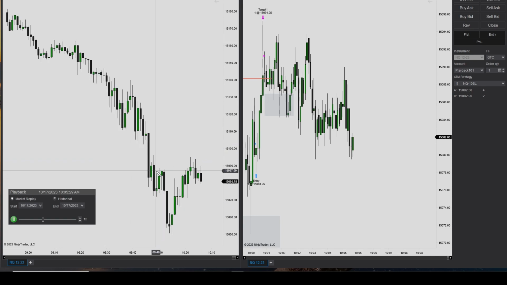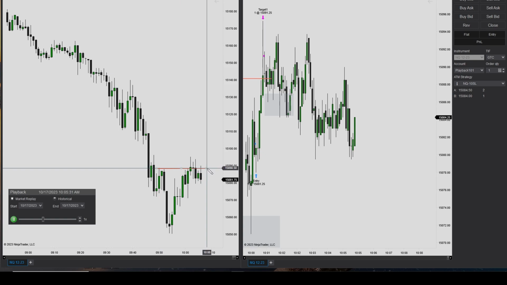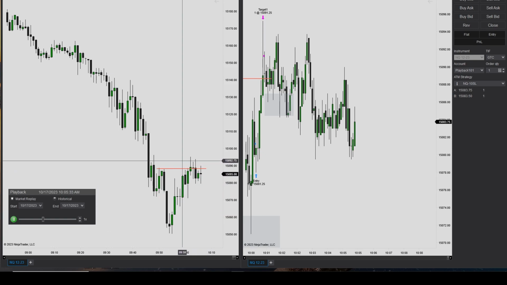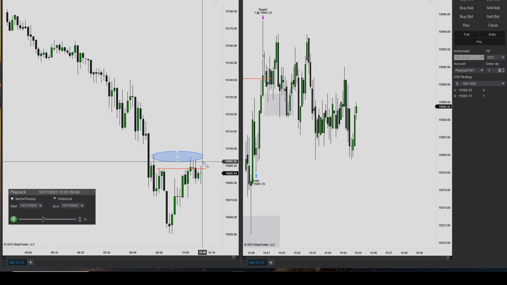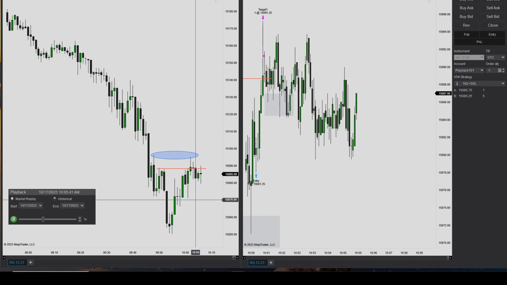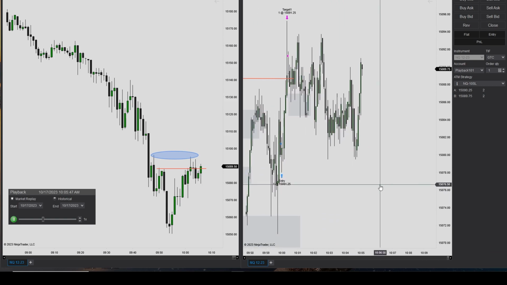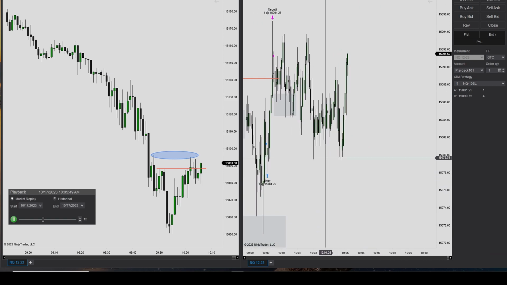On the 1 minute, you know, this could just be a sweep of liquidity. And then you have double top here. So we could be going to take out this low at 71. Or do we listen to this 5-second double bottom?